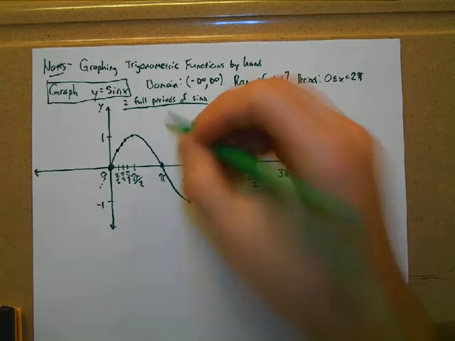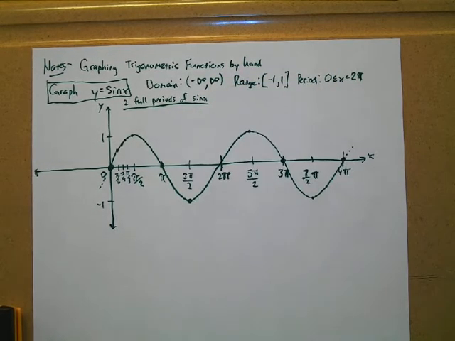We're all good? All right, so now let's do cosine. We'll do the same thing here with cosine. In fact, I'm going to try and line it up just like I did there.